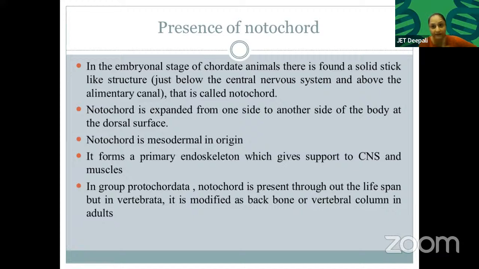Notochord extends from one side to the other side of the body, like in us. It starts from here and reaches towards the back side, touching your pelvic girdle. Notochord is mesodermal in origin, while the brain is ectodermal in origin. The heart is also mesodermal in origin. It forms a primary endoskeleton which gives support to CNS and muscles.